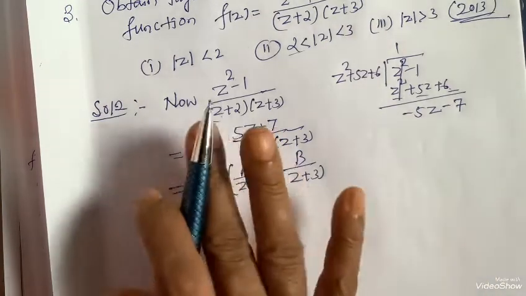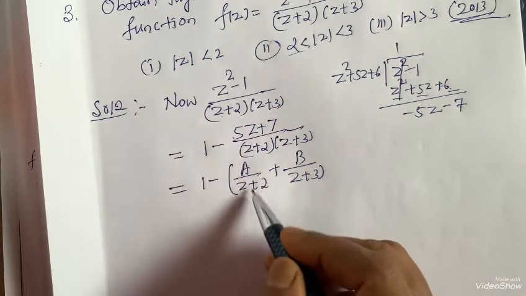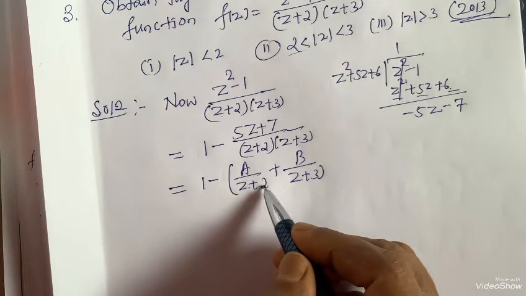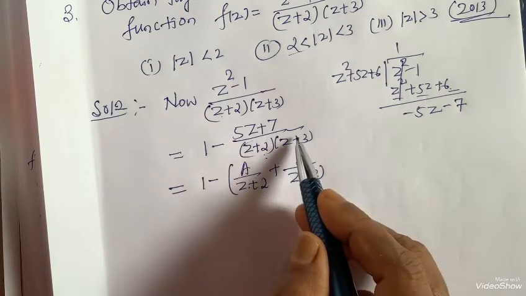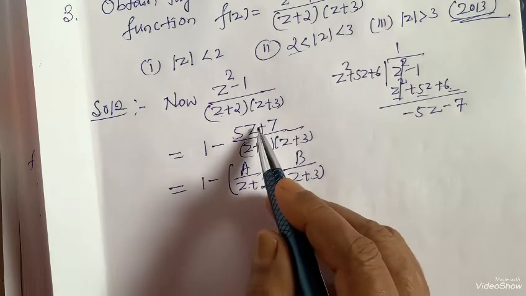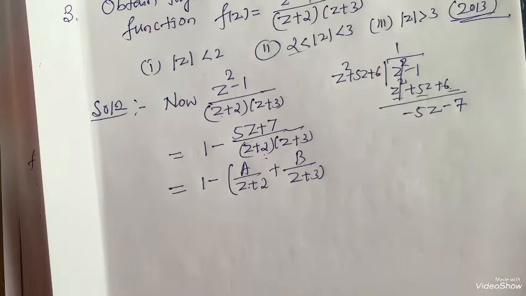So again, leave this factor aside. You consider only this. To get the value of a, put z is equal to minus 2. You leave this. Leaving this, in the remaining put z equal to minus 3. So how much you are getting? Z equal to minus 3 means minus 15.